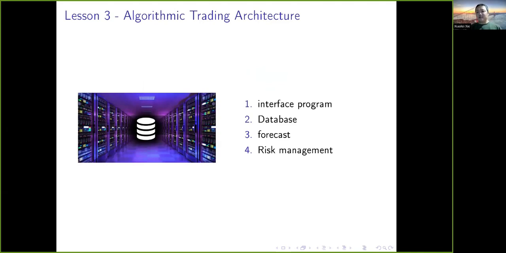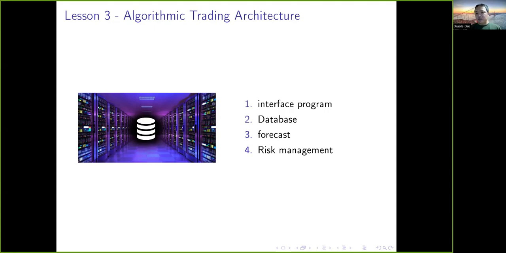Then in the third lesson, I will show you how to build an algorithmic trading program. It will comprise, firstly, an interface program that receives real-time prices from the market and that sends our buy or sell orders to the market. It will also need a database system to manage the price data and facilitate access to the data from our analytics server, which retrieves the data, performs modeling, makes predictions, and finally makes trading decisions.